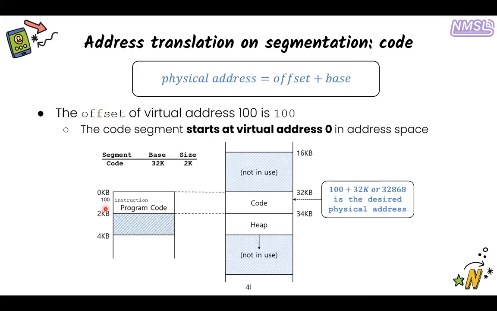Let's say we have a program code here, and the offset of the virtual address 100 is 100, because it starts from 0. Here the code starts at 32K. The base starts at 32K. So if your virtual address is 100, the physical address is simply 32K plus 100, which would be 32,868.